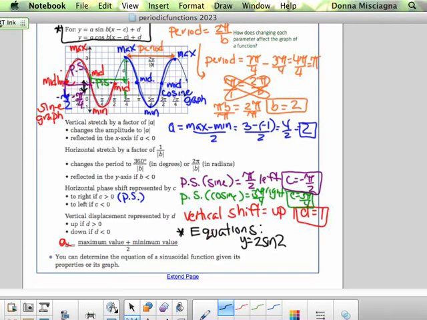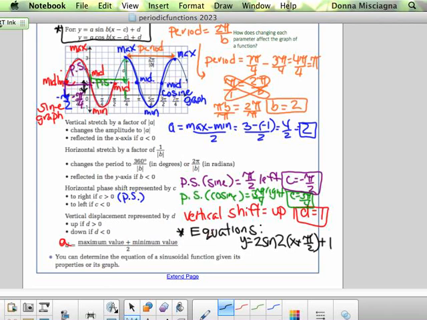The C is negative pi halves. So notice there's a minus in there. So x minus a negative is going to be x plus. So if it's to the left, it's plus. So this is going to be x plus pi halves. And then the vertical shift is up, so it's going to be plus 1. And there we go. There is the sine graph.